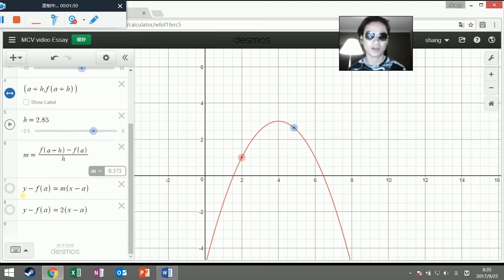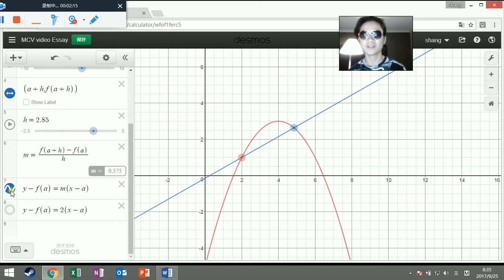Now I make a line to connect these two points. When we look at this line, that is a symbol for the rate of change. The rate of change is similar to the slope of this secant line.